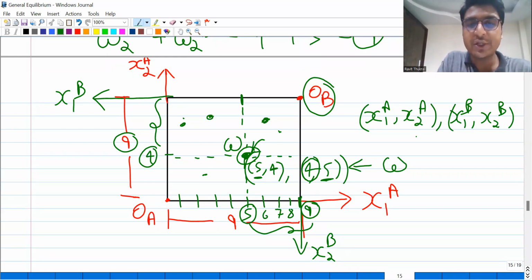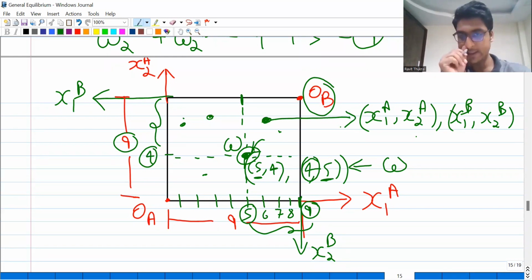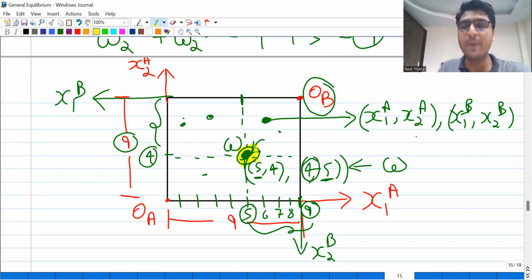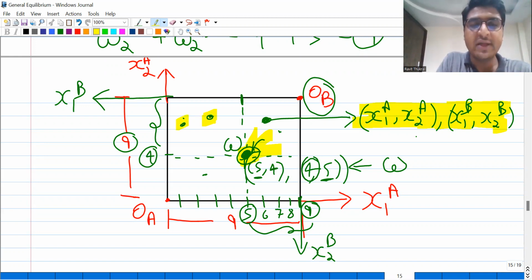This is how you represent any allocation, right? So this is a general symbol for any allocation in this box. Now, this specific allocation you call omega. Okay, otherwise it can also be represented in this way, but this specific point is omega. All these are allocations including omega. Okay, so omega is a special case of x. That's it.